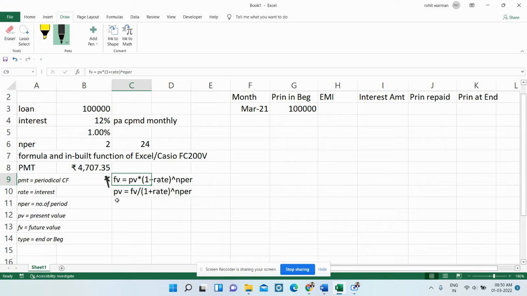Now when it is recurring, we call it an annuity. Then the formula differs somewhat.